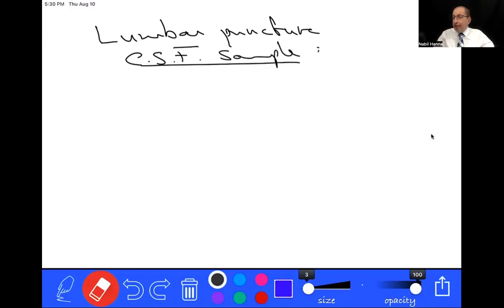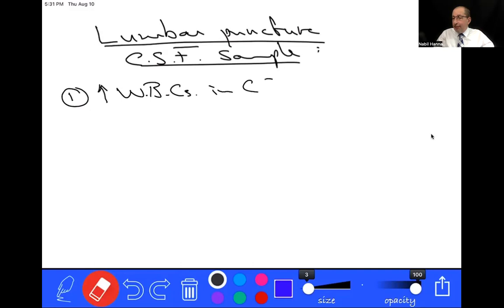Now, meningitis is usually a bacterial infection. So if you have a bacterial infection involving the meninges, you expect to have a lot of white blood cells in the CSF. So the first thing you expect to find is elevated white blood cells in the CSF.